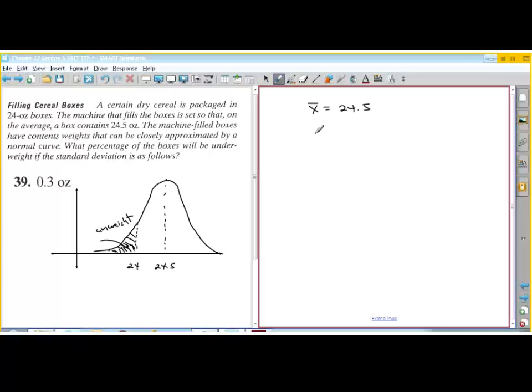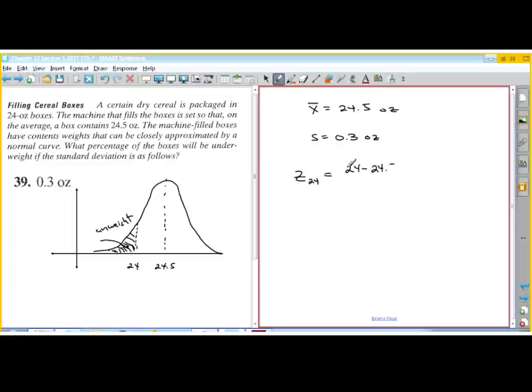We know that X bar is 24.5. We know the standard deviation is 0.3 ounces. So these are ounces. What we do is find the corresponding z-score for 24, which is the limit that sets where underweight is.